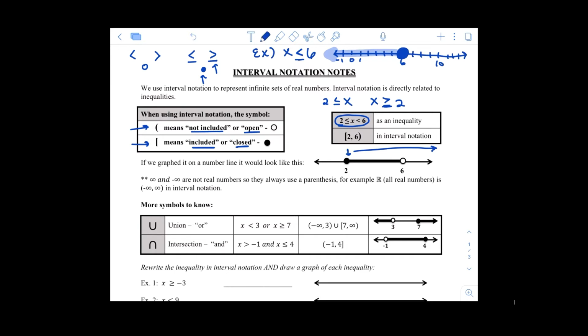Well, in this argument, we also have the other half of that. That same x, so not only is 2 less than or equal to x, but all the x's are less than 6. Well, everything less than 6, you'd have an open circle, and it would be to the left.